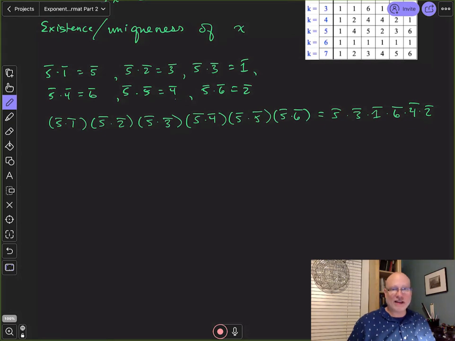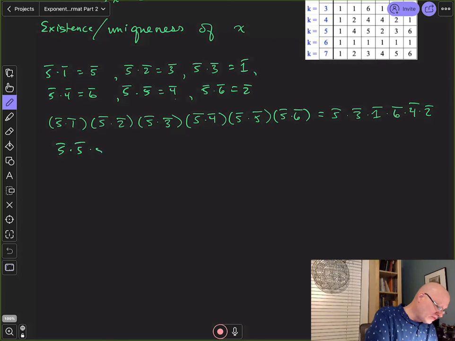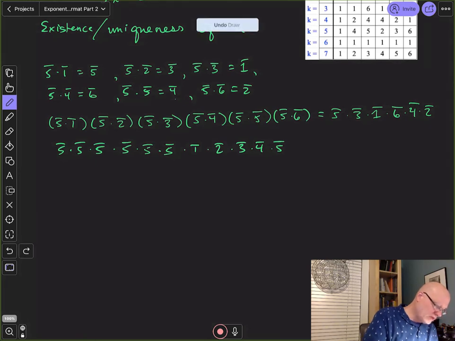So I'm going to rearrange the left-hand side like this. I'm going to pull all the 5s. I'm basically going to regroup and change the order. So I get 5 bar times 5 bar times 5 bar times 5 bar, 5 bar, and then times 1 bar, 2 bar, 3 bar, 4 bar, 5 bar, 6 bar.